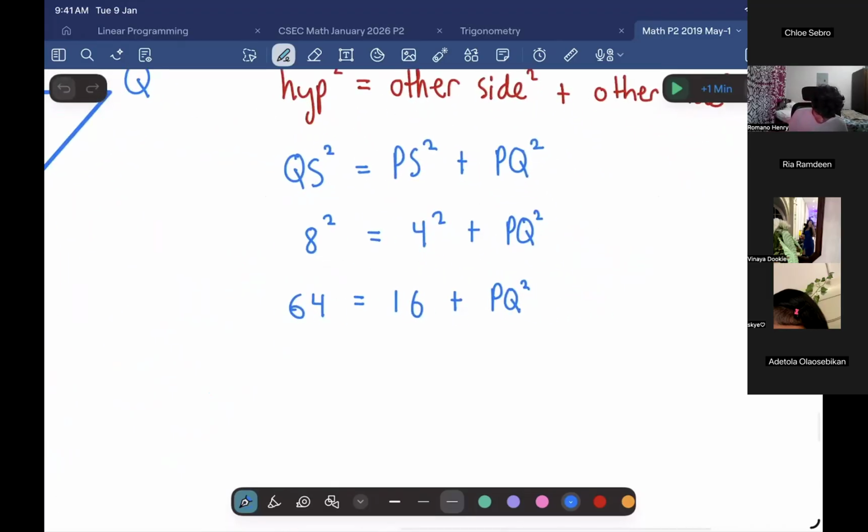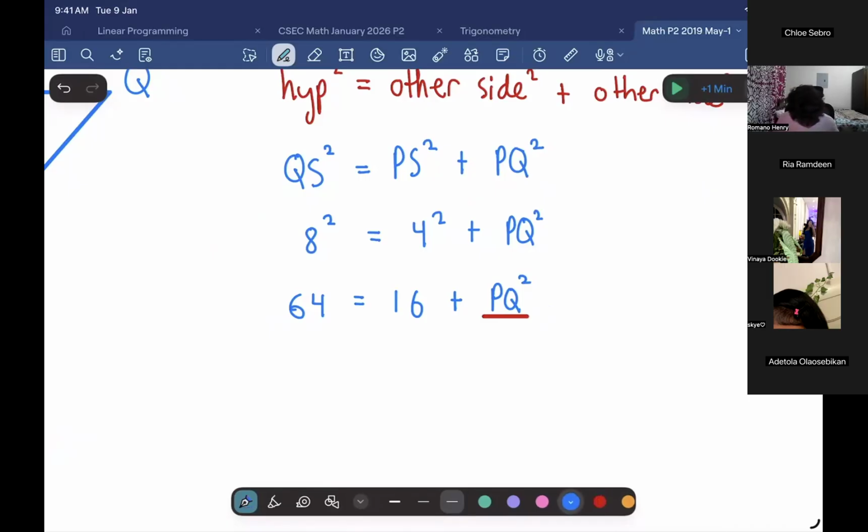All right, guys. So what is the unknown over here? PQ squared, sir. Right. So we need to isolate PQ. If I want to isolate PQ, I could leave it on this side and move across everything else. I need to make PQ the subject of the formula.